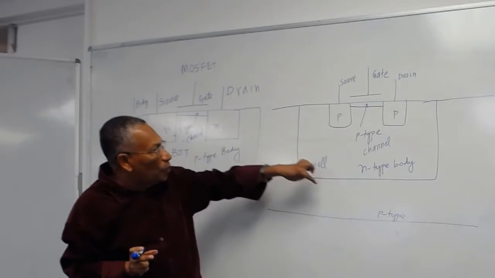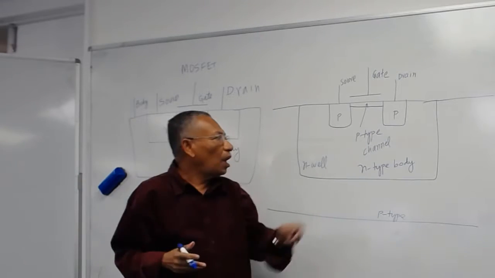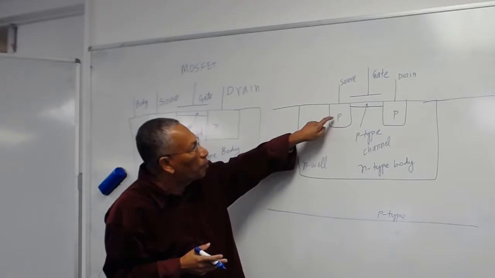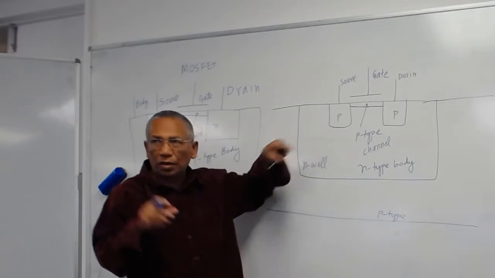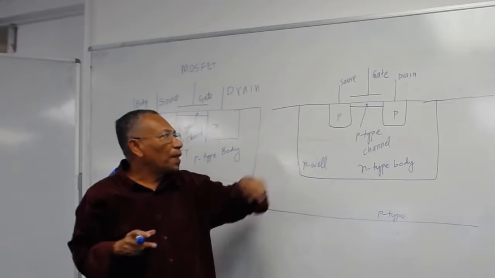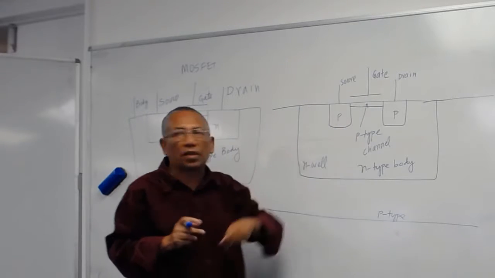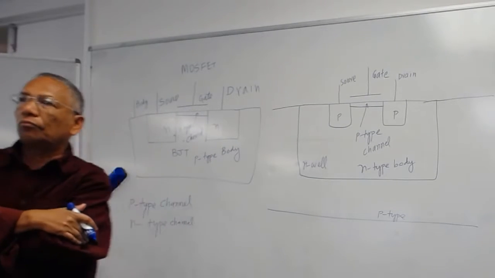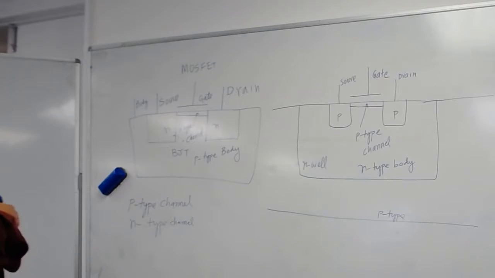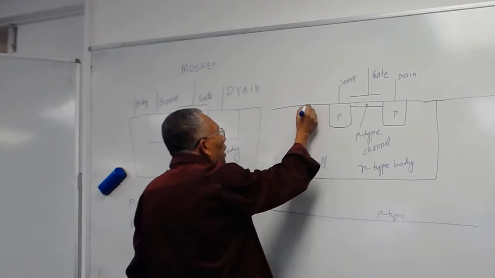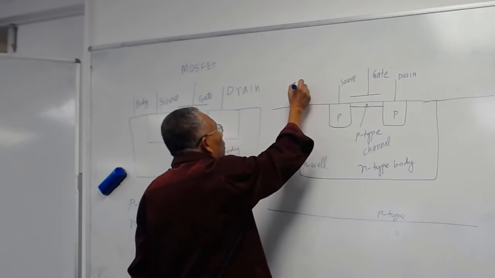Then you dig out an N-well, and inside the N-well you make two P diffusions, create two P-type islands. Then that will be the source and drain of this. And for the N-well you have to make a well connection. This is again with the body.